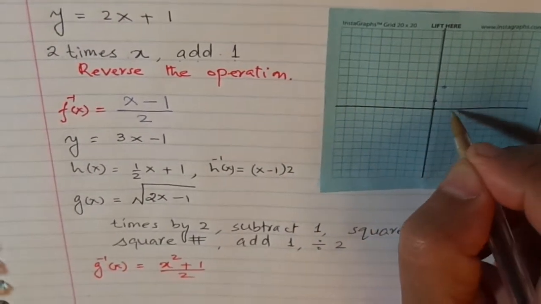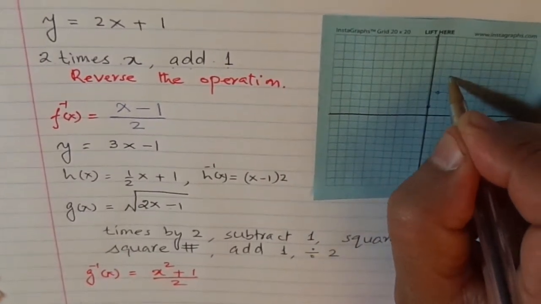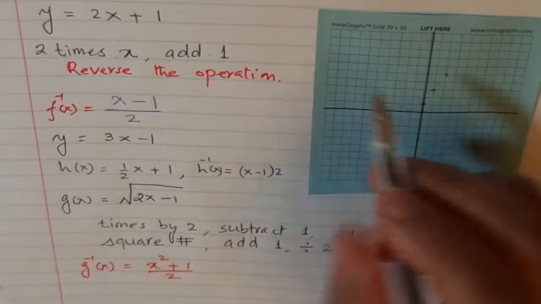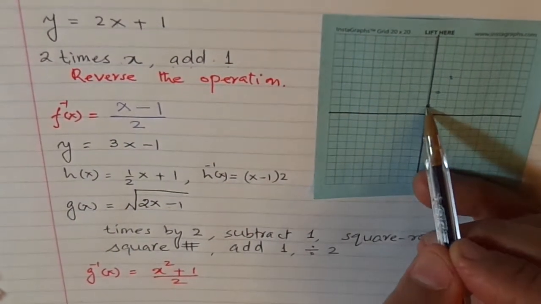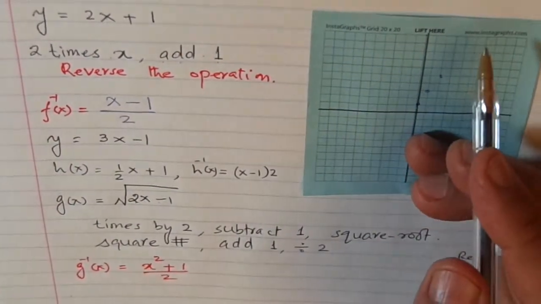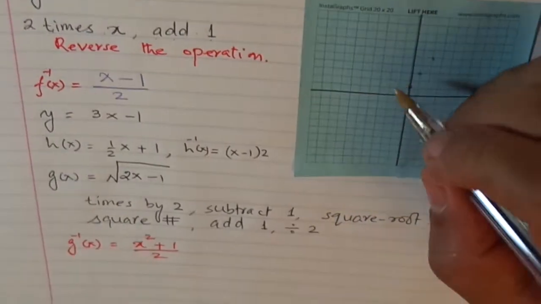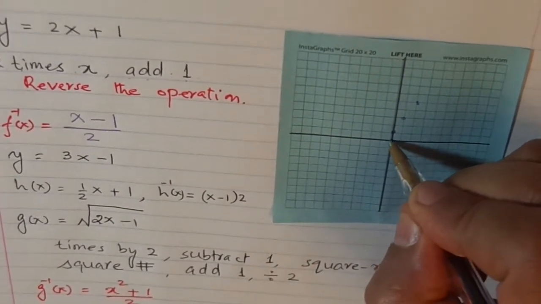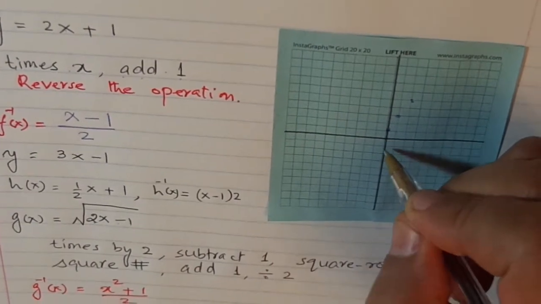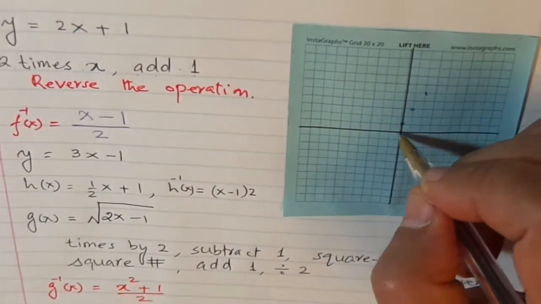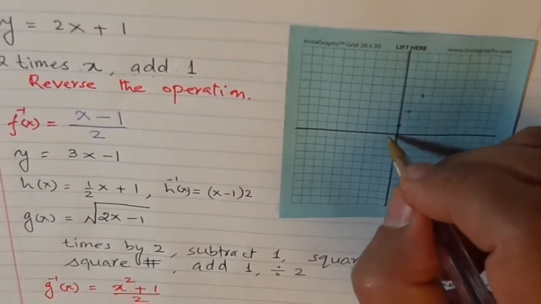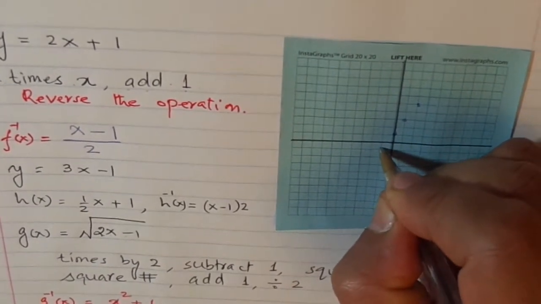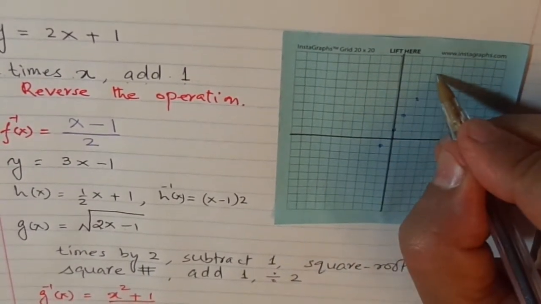If x is 2, the value is 5. You can also see 1 is your y-intercept and 2 is the slope. Therefore, we get a line like this. Similarly, if x is 0, y is 1; if x is minus 1, then y is minus 1. And we get a line like this.